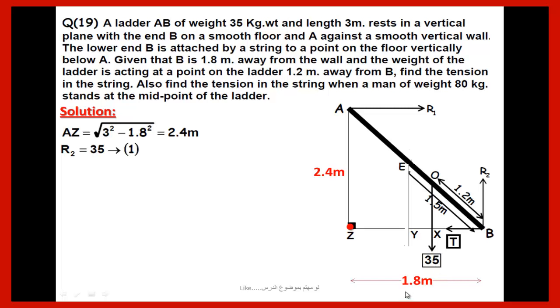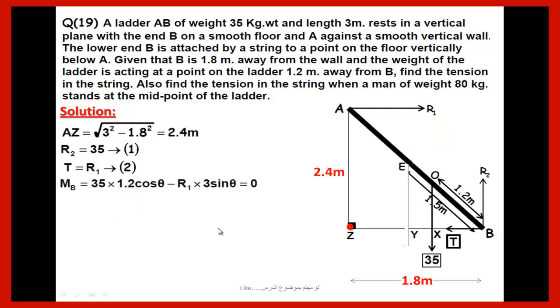So R2 equals 35. It is equation 1. T equals R1 because the rod is in equilibrium, so the horizontal forces are equal.